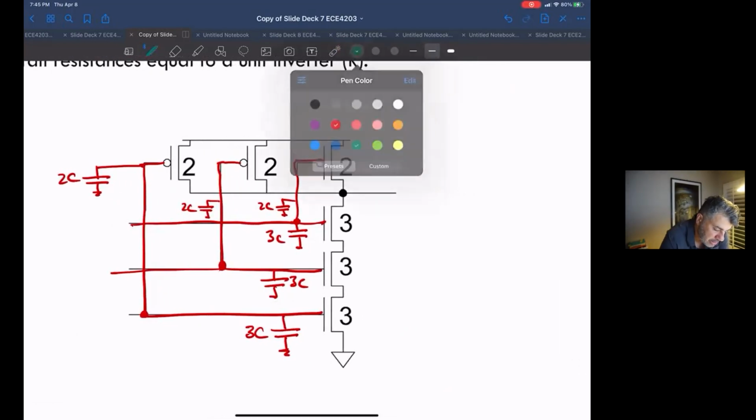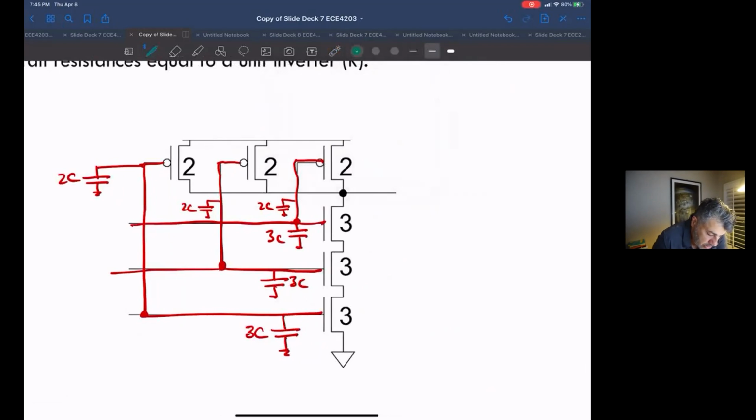Now let's look at the capacitance on the output side. Here, this lowest NMOSFET's source is going to have 3 times the capacitance of a minimum device. We could get 2 different possible capacitances at this node.